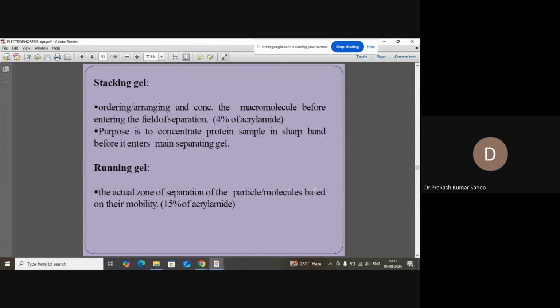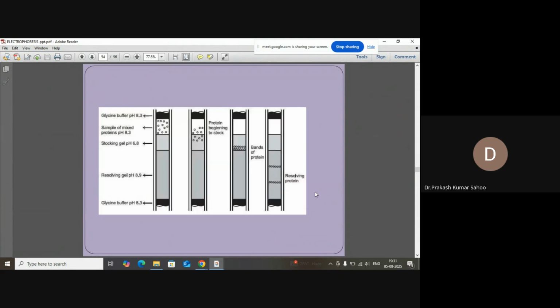The purpose is to concentrate protein sample in a sharp band before it enters the main separating gel. Running gel, the actual zone of separation of the particle molecule based on the mobility.